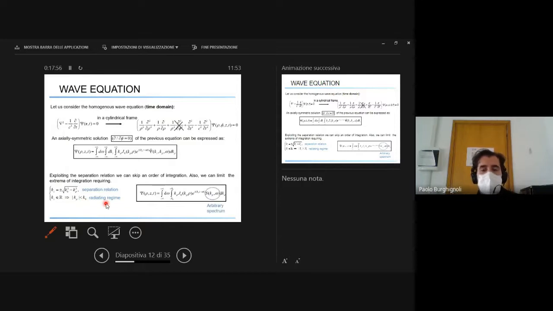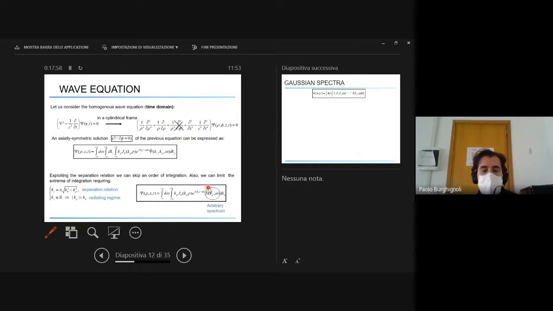And this representation is given in terms of an arbitrary spectrum that depends on both the radial wave number and the angular frequency. So far, this expression is not referring to any localized wave; it's just a general solution to the wave equation in integral form in a cylindrical reference frame, while assuming only wave numbers that belong to the visible range.